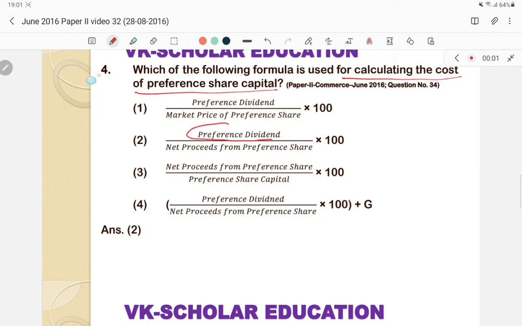So preference dividend paid by the firm to the shareholders is the fixed financial liability on the part of a company, and that is calculated on net proceeds from preference shares. Okay, so the net proceeds means preference shares may be issued at a discount, okay, and there may be some flotation cost with respect to the preference shares. Okay, so इसलिए net amount received from issuance of preference shares is considered. So option second is correct.